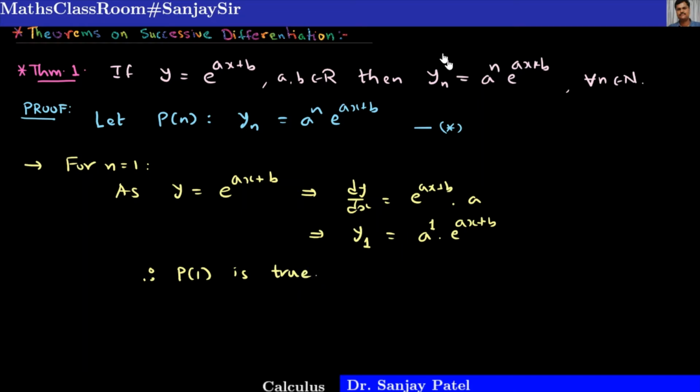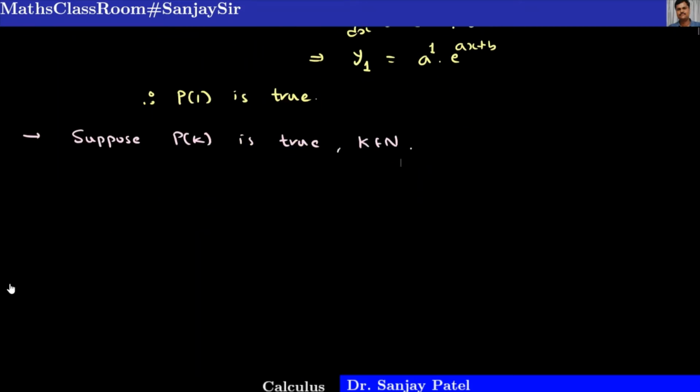Let us now assume that the result is true for any fixed value of n. So suppose P of k is true, where k is any fixed natural number. If the result is true for k, we have Pk, meaning yk.